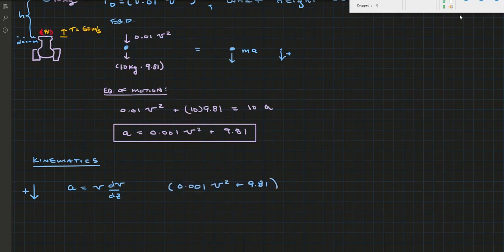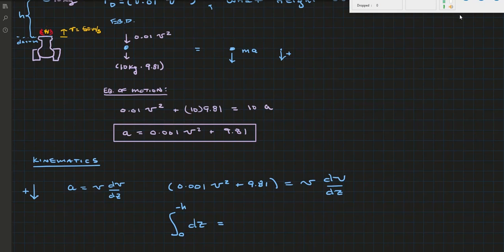Well, our acceleration relationship we solved above is v squared plus 9.81. Again, this equals v dv over ds. So the problem we need to solve, separation of variables here, is this. Let's not use a ds here, let's use a dz. And we're going to go from 0, our datum line, to minus h because we're going in the negative direction.